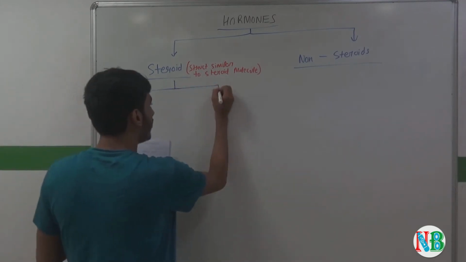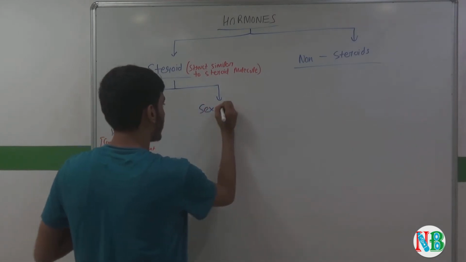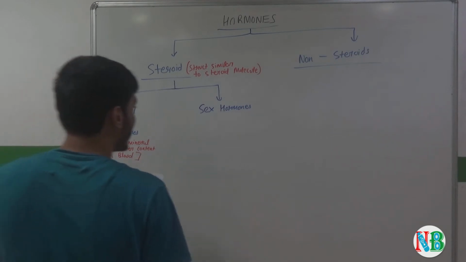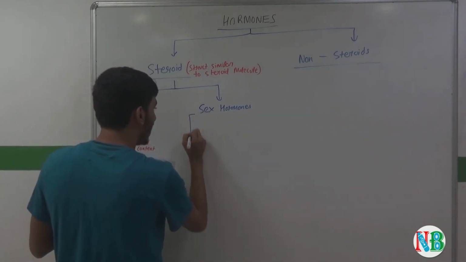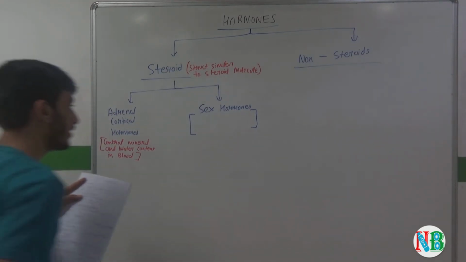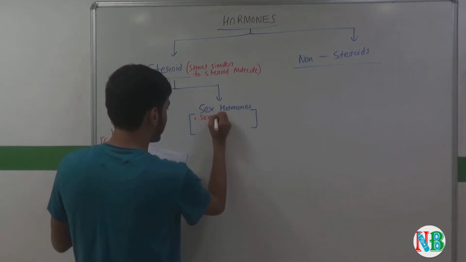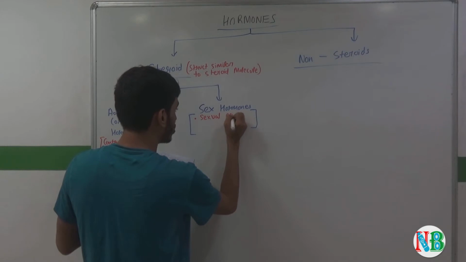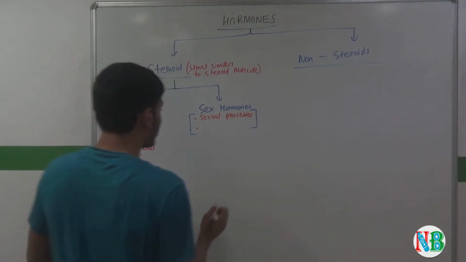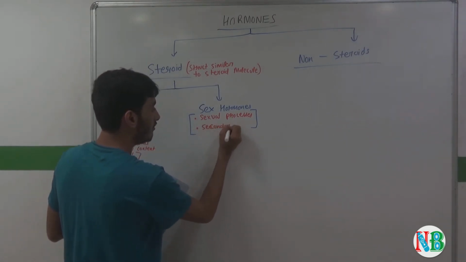The second type of hormones, which are very, very important, are the sex hormones. These sex hormones are used majorly for two main processes. The first is for sexual processes, and the second is for our secondary features.